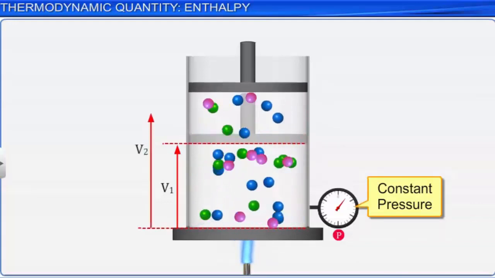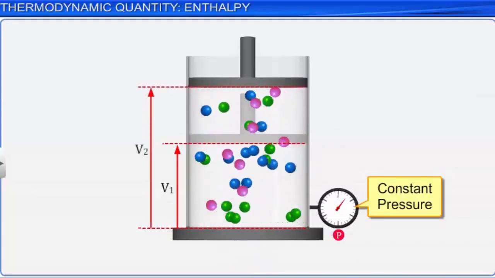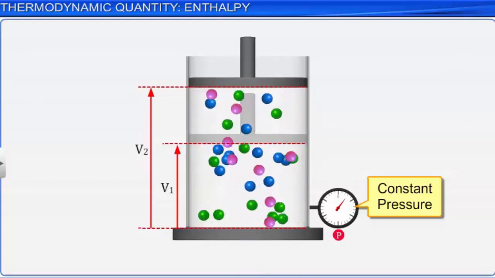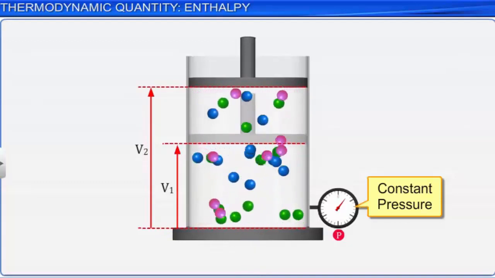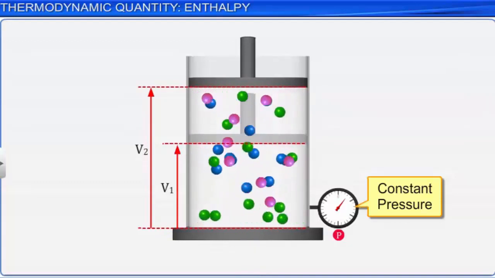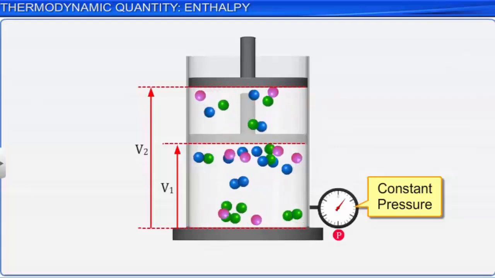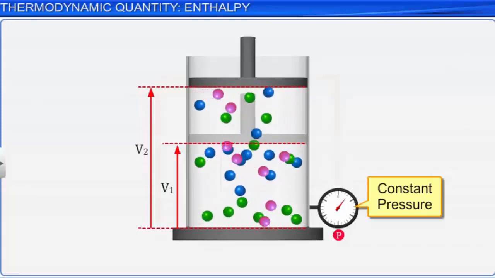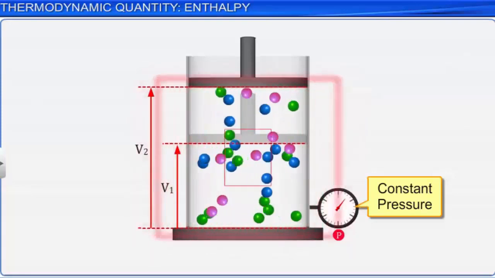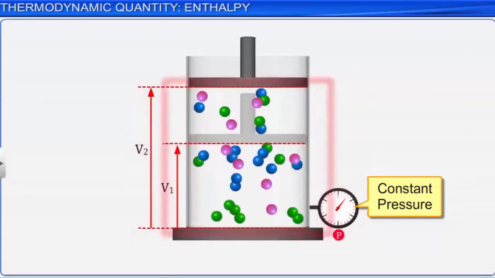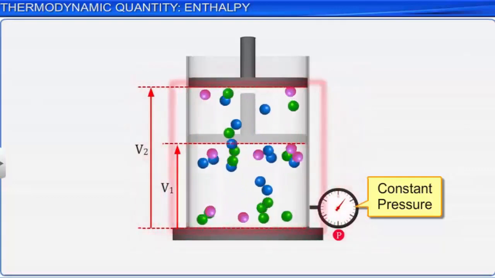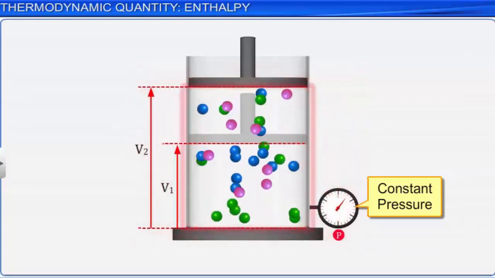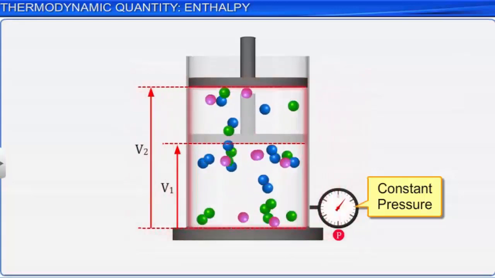The energy change occurred during such reactions may not only involve change in internal energy but also do some work. To understand this, assume a chemical reaction occurring at a constant pressure. Let us assume that the reaction is exothermic and also involves gaseous substances. When the reaction proceeds at constant pressure, two possibilities arise.